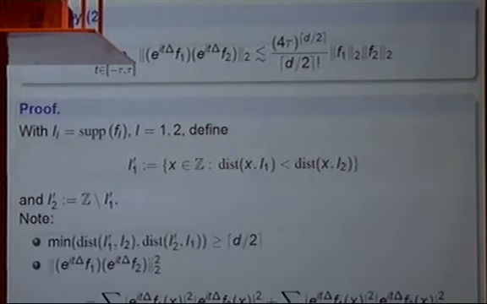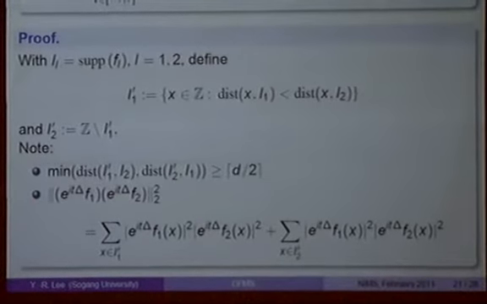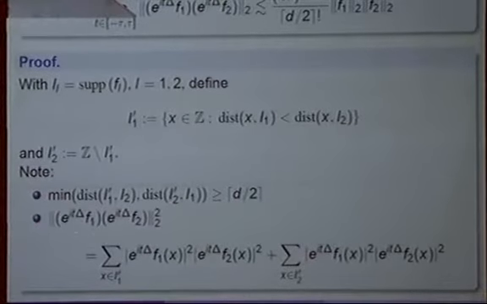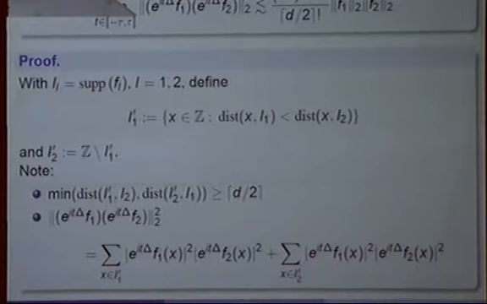And then what we can see here is, if we consider the distance between I sub 1 prime and I sub 2, or the distance between I sub 2 prime and I sub 1, we have at least this distance. So just simple.